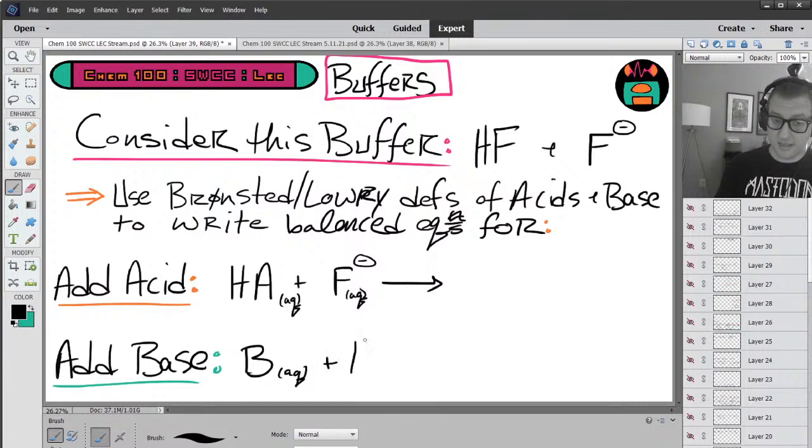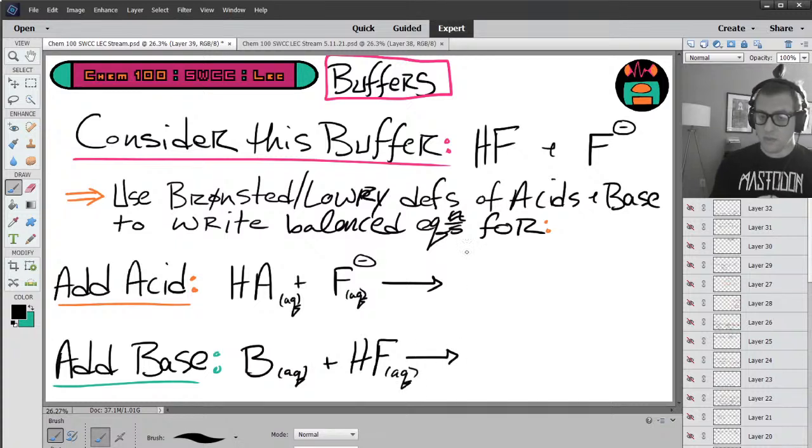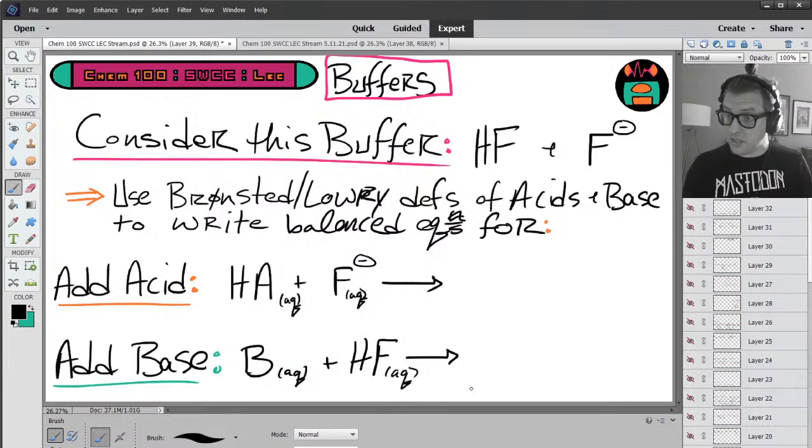It reacts with the acid in your buffered solution. So see if you can write these two balanced equations, what would happen when you add acid to your buffer, when you add base to your buffer, and think about why the buffered system will resist changes in pH once you get these down.